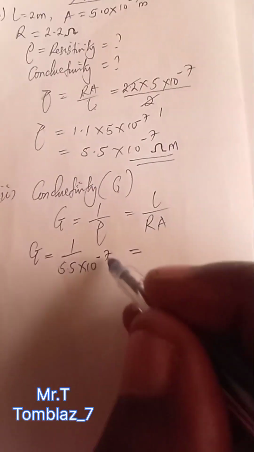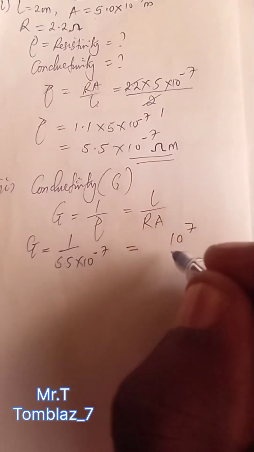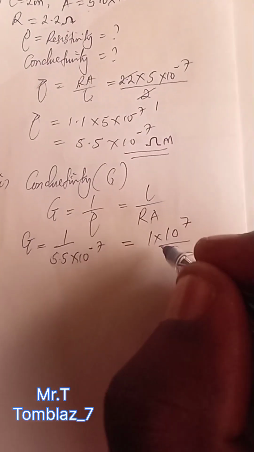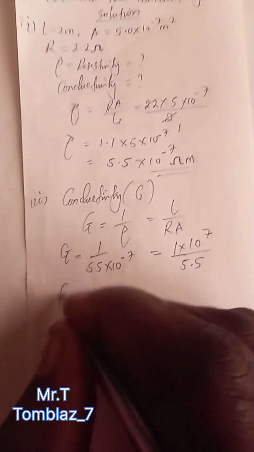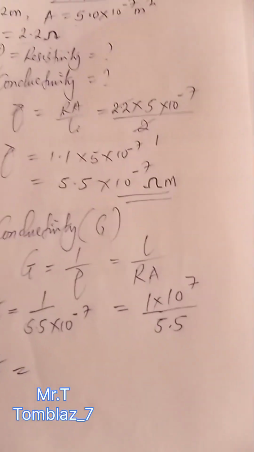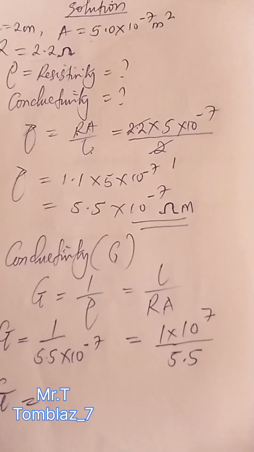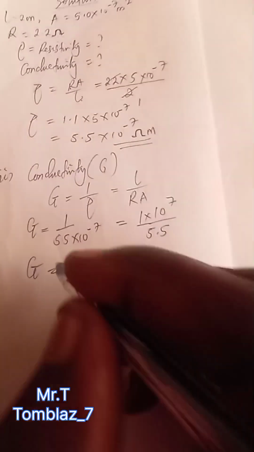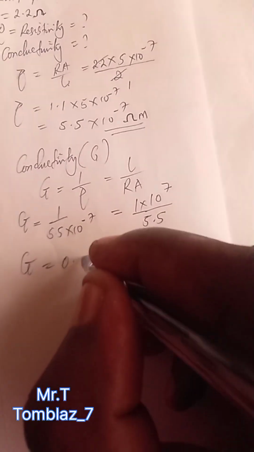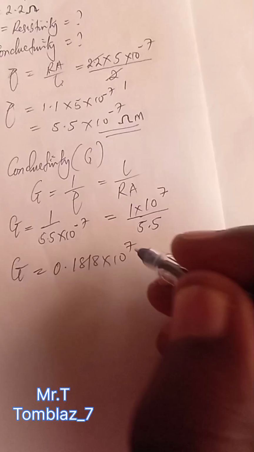Since this is 10 raised to the minus 7, we can now have 10 raised to the power of 7 divided by 5.5. So our G will be equal to 1 divided by 5.5. So we have this value. 1 divided by 5.5 will give you 0.1818 times 10 raised to the power of 7.